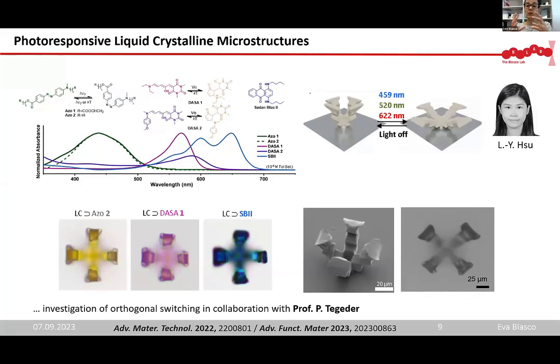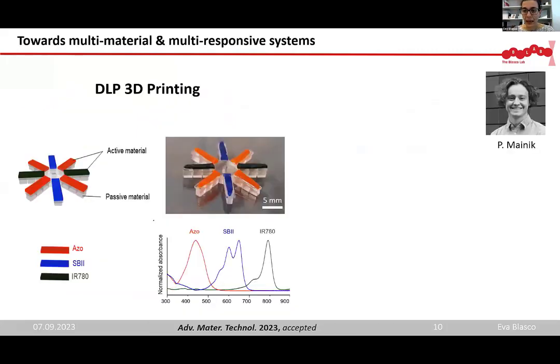So that's the next step. It will be very nice if we could have spatially resolved actuation of different parts, so going to multi-material. Of course, with this approach of developing it is not possible, so we are still not there, but we have a start in this direction at the macro scale. That's a recent work from Philipp Mainik.